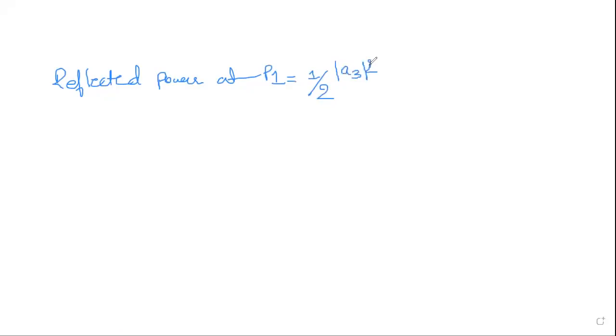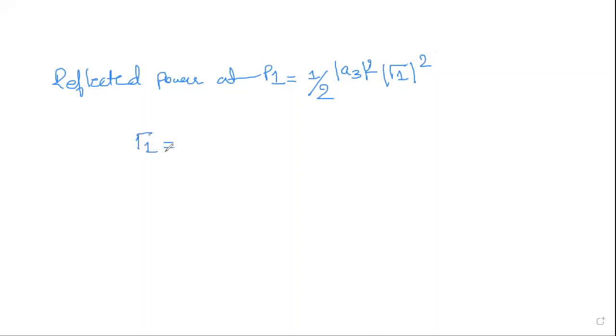This is the general equation of power. But when you consider the reflected power, you need to consider the reflection coefficient square. So it is half into the input power, that is A3 square, and the reflection coefficient, gamma 1 square. Now you have to find out gamma 1.